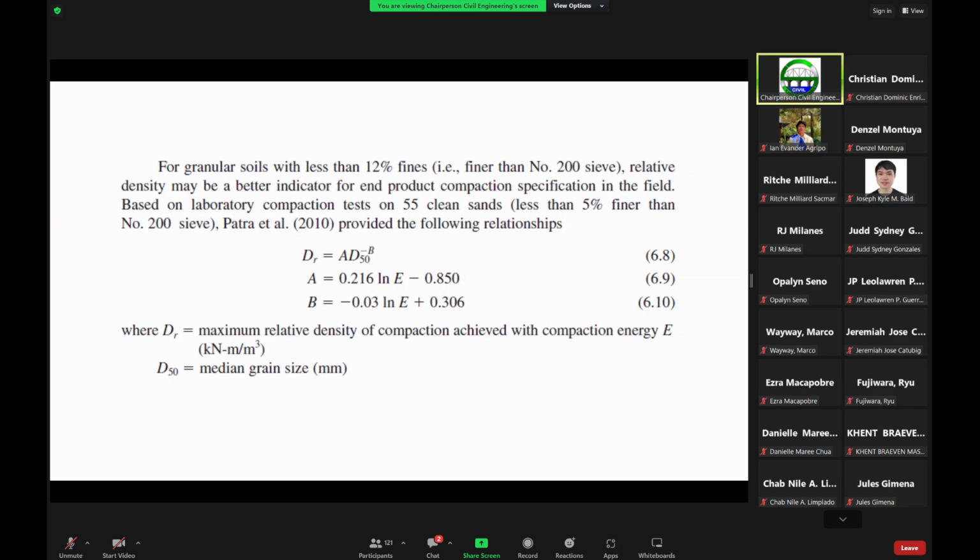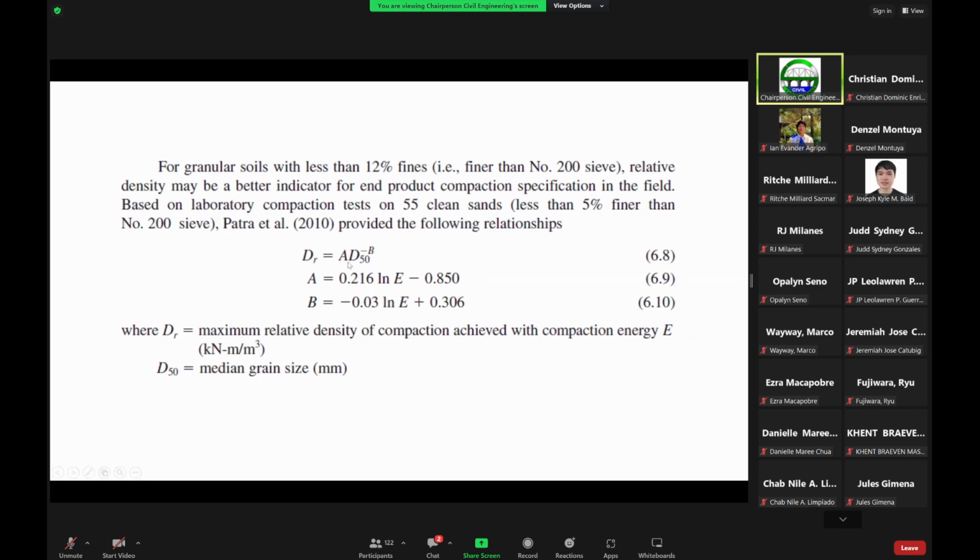And then D sub R here is the maximum relative density of compaction achieved with a particular compaction energy, may it be standard compaction energy or modified compaction energy.